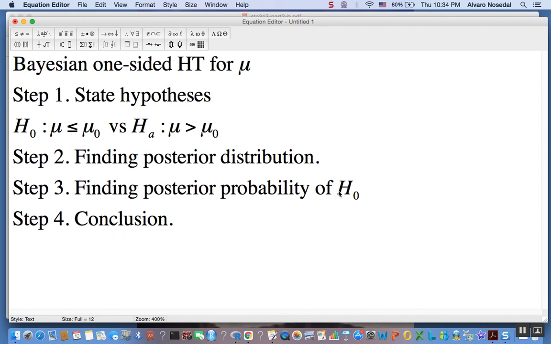Instead of finding the posterior probability of H0, because that would be just a single point and that would be 0, what you do here is you find the Bayesian credible set, and then if mu 0 is inside the credible set, you fail to reject H0. If mu 0 is outside that Bayesian credible set, then you reject H0. Make sense? Well, that's it.